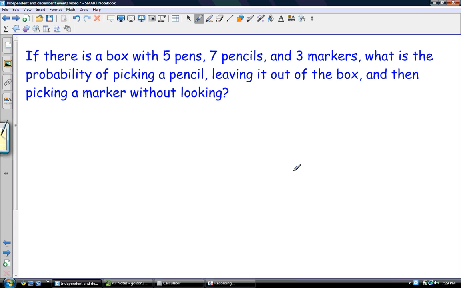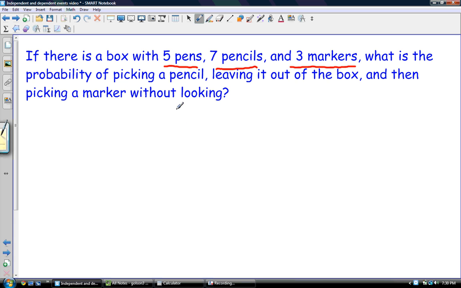Okay, so I've got a box. It's got 5 pens, 7 pencils, and 3 markers, and I'm going to draw 2 items out of this box. I want to know the probability that I pick a pencil the first time and then, leaving it out of the box, pick a marker, and I don't look either time.